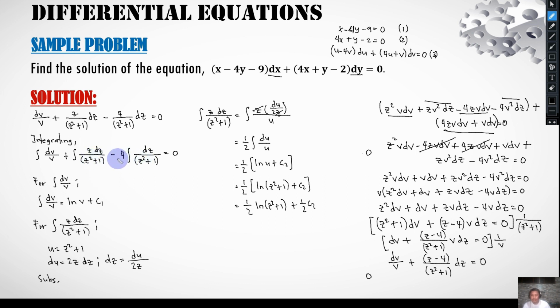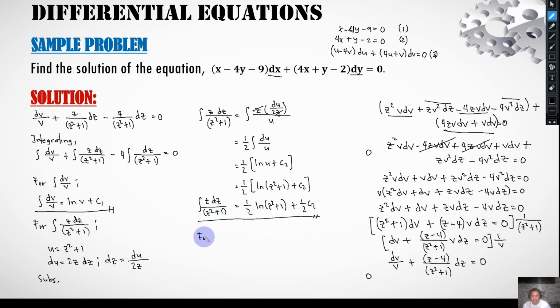So how about this one, students? To identify it, this is the integral of z dz over z squared plus 1, that is its equivalent.